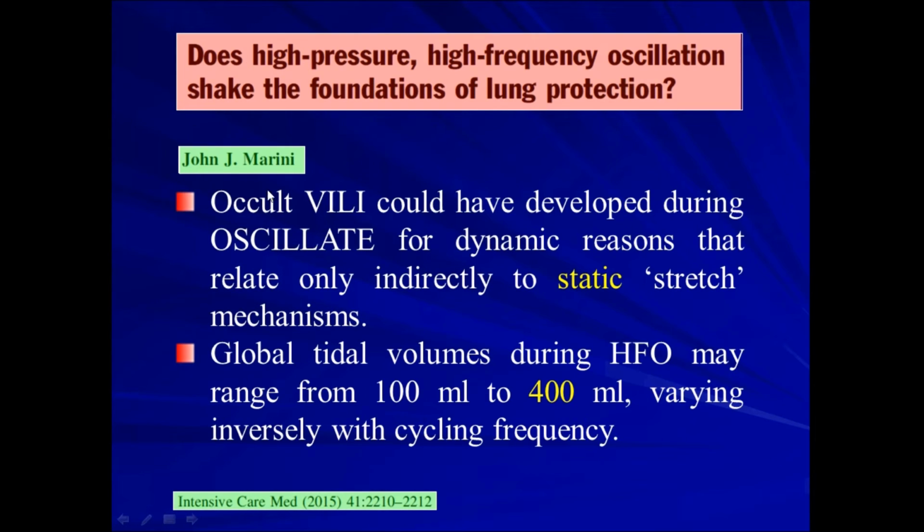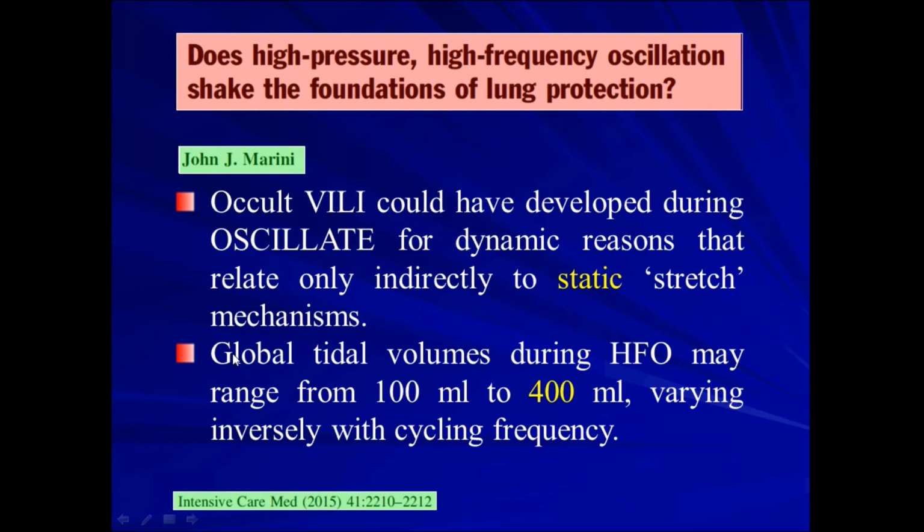So the first review, by John Marini, I just quoted these statements. Occult VILI could have developed during oscillation for dynamic reasons that relate only indirectly to static stretch mechanisms.